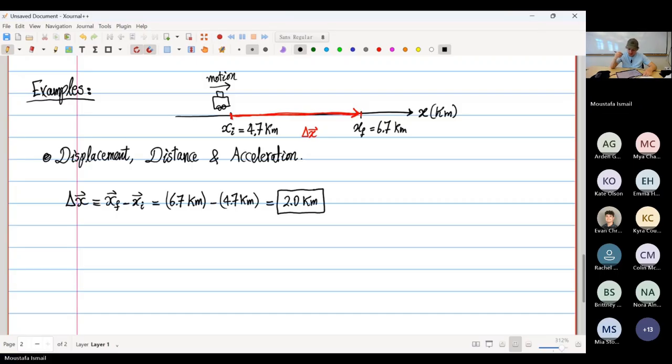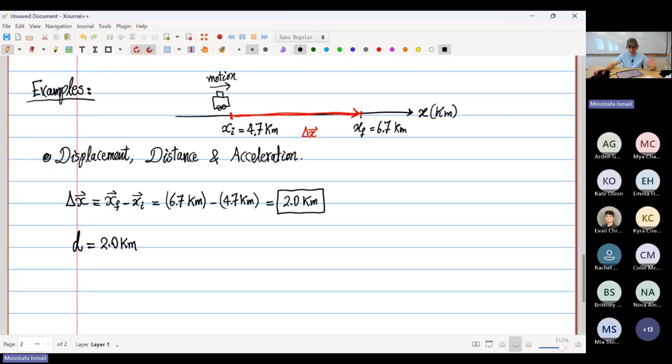Distance, in this case, is the same as displacement. It's 2 kilometers. There was no U-turns. There is no difference in the direction. So distance is also 2 kilometers. And distance is always non-negative.